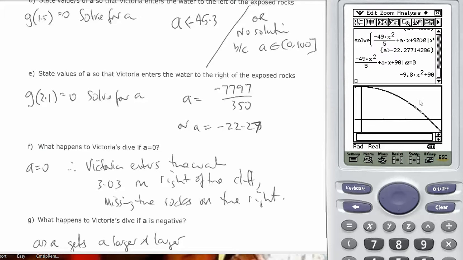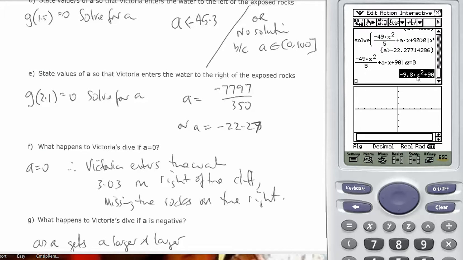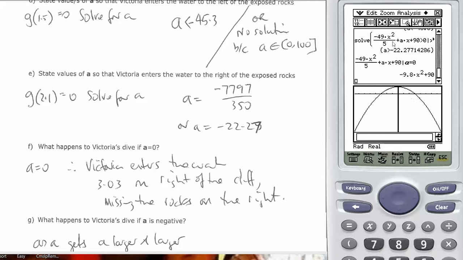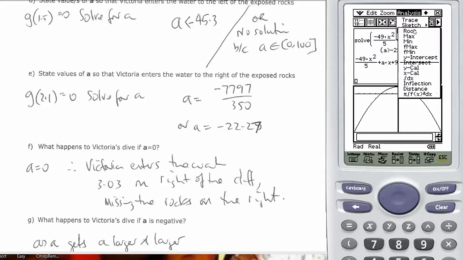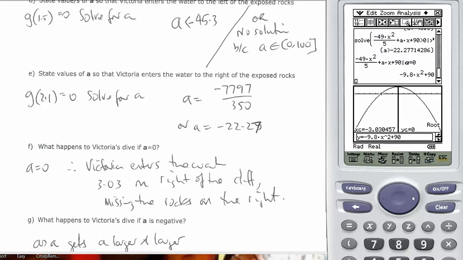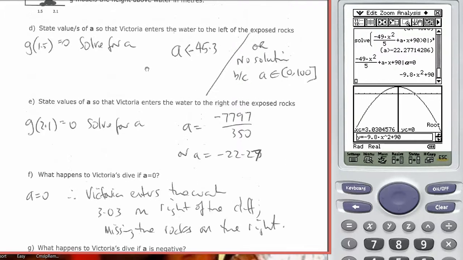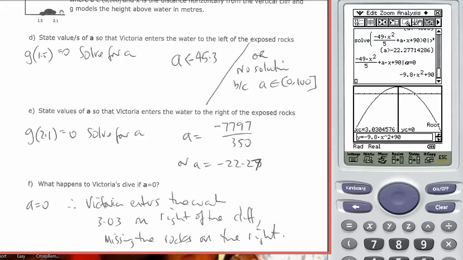That's what it's going to look like. Hang on, I might clear that, edit, clear all, okay. If a equals 0, zoom auto, that's what it's going to look like. Analysis, G-Solve, root, and move across. She's going to enter the water at 3.03 meters away from the cliff. She's going to be to the right of the rocks, entering at 3.03.